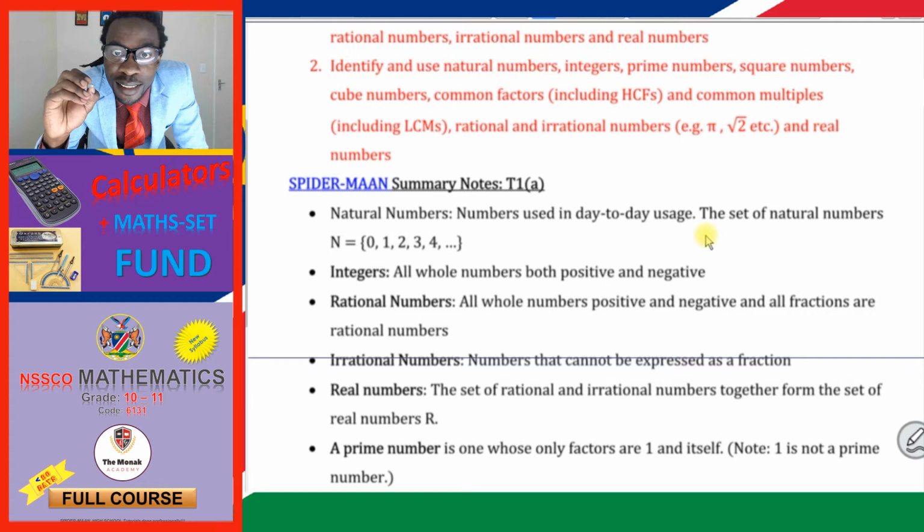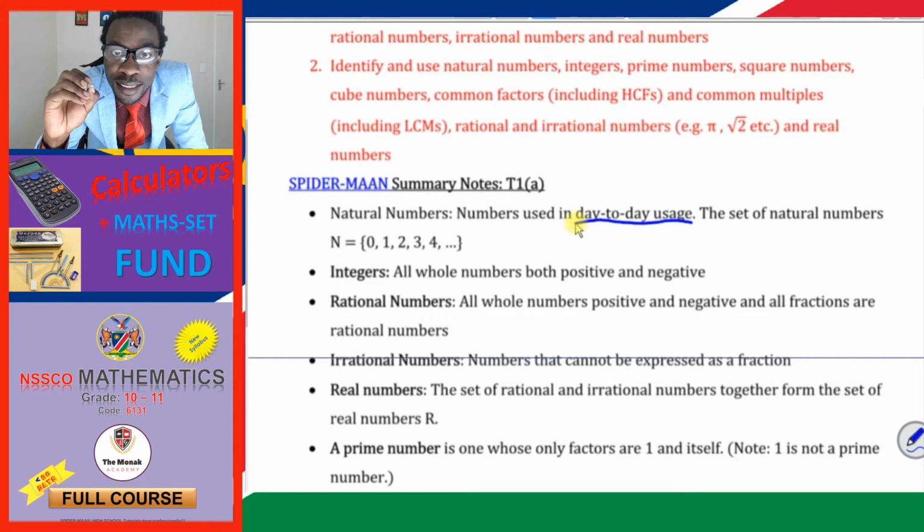So every day, you meet somebody, you talk to somebody, you go to the shop and everything, you deal with numbers 0 all the way up, depending on what you do. But in daily lives, you rarely talk about -1, -2, unless you're doing a mathematics topic. So natural numbers are simply numbers used in day-to-day usage.